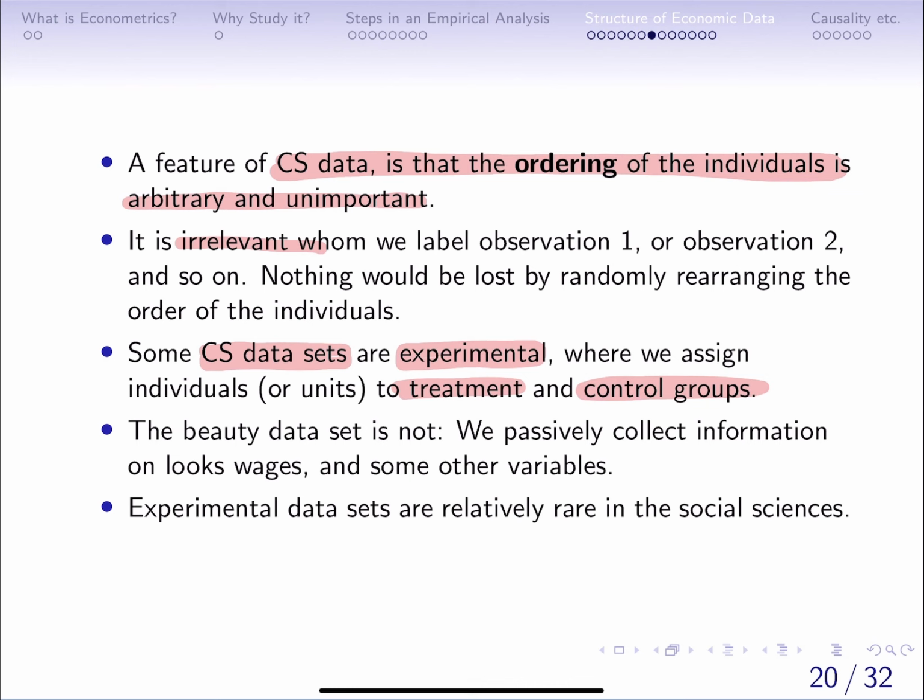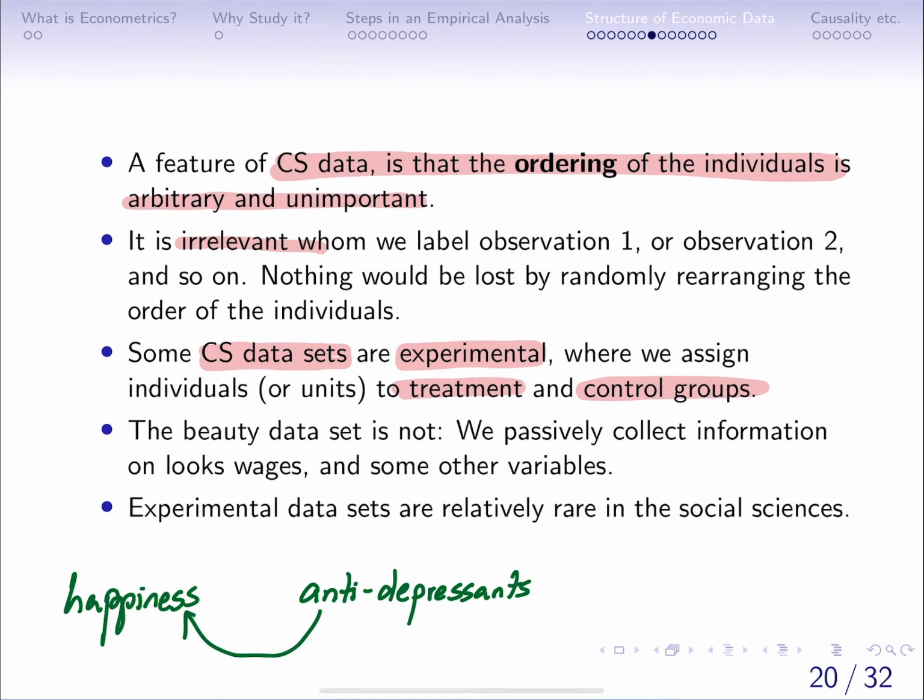So if we were to let's say try to understand if taking antidepressants, what's the relationship between taking antidepressants and happiness, we could think about two sets of people.